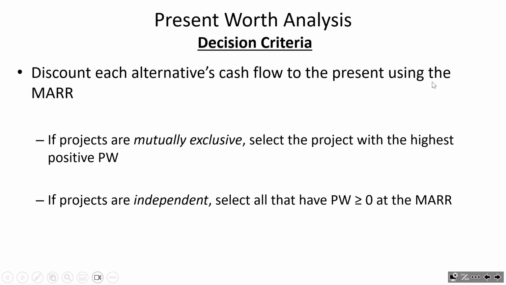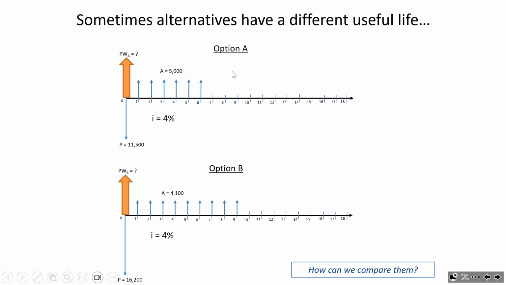So the present worth analysis would say, let's find the present value of option A, let's find the present value of option B, and then the decision criteria says, choose the option with the highest positive present worth. But we can't apply it until they cover the same study period.